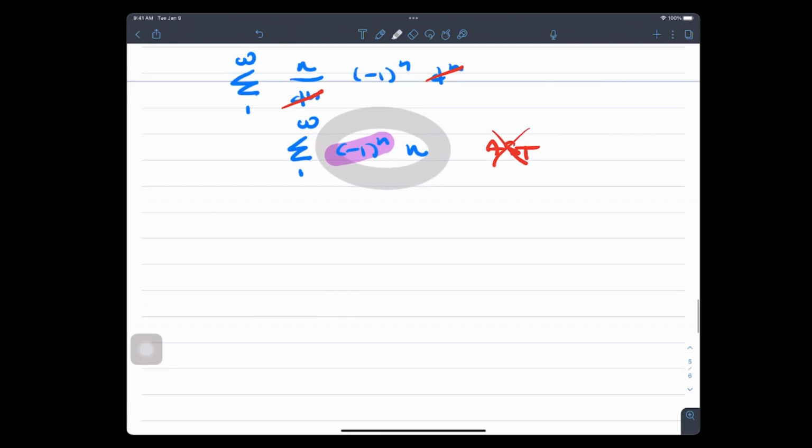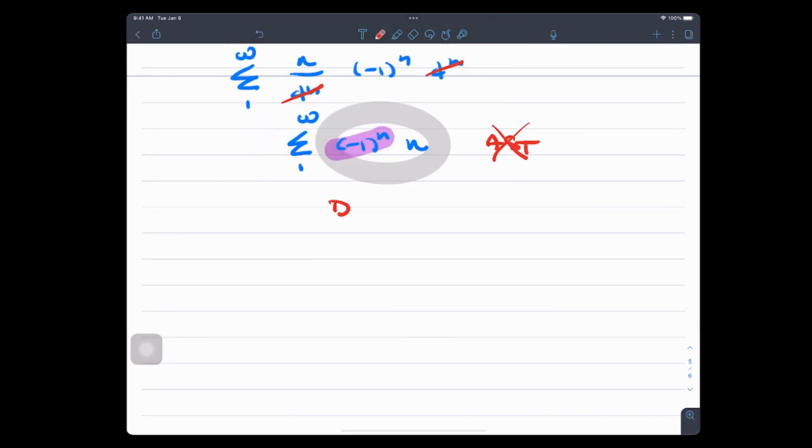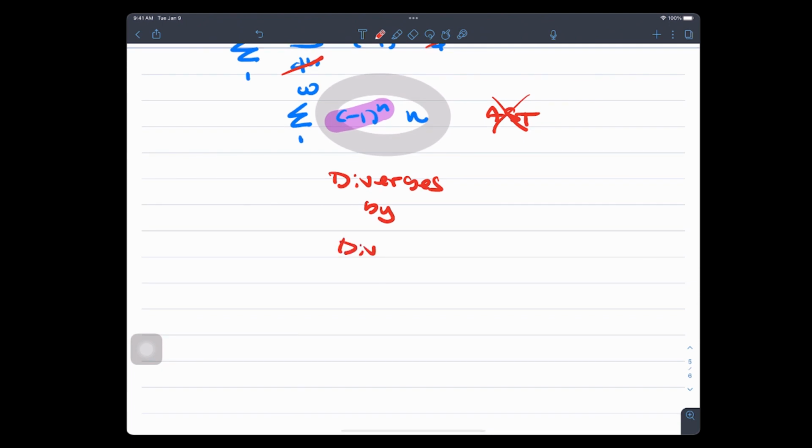So what's the deal with this one? Do you guys remember? This diverges by what method? Because on your final, you can't just guess. Diverge, converge. No. You got to justify it, right? Why does that diverge? Divergence test. Remember this.